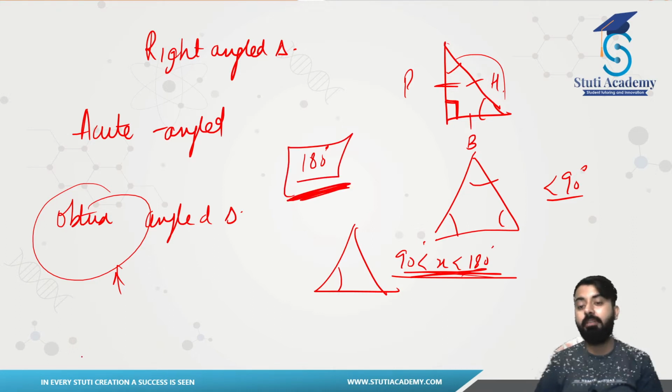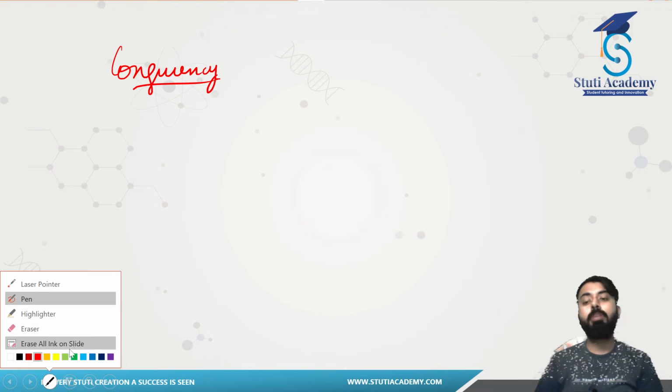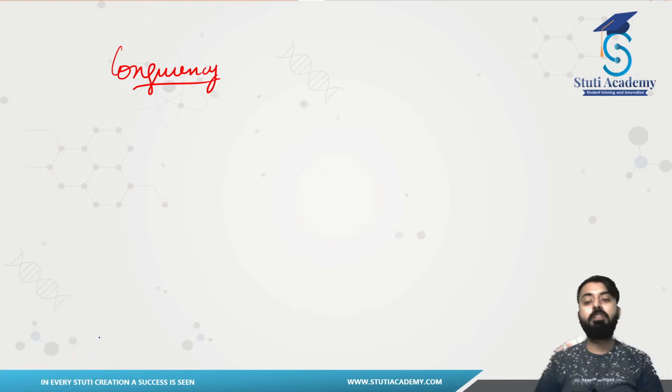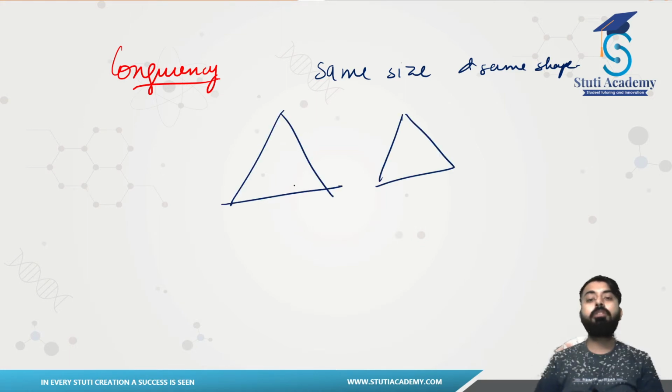We had learned everything. Then we had got to the point of congruency. So you guys remember what was congruency? Congruency was that property by which you could place two objects on one another such that they were sharing the same size and same shape. Or for the case of triangles, you would call two triangles congruent if all six pairs of their corresponding parts were equal.